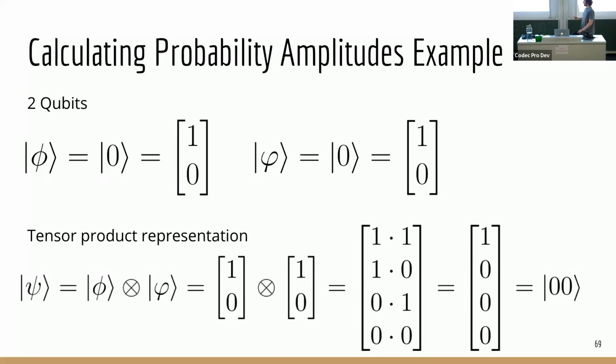In this entry, we take the top entry here and multiply it by the bottom entry here. In this entry, we take the bottom entry here and multiply it by the top entry here. And finally, for this entry here, it's just the bottom times the bottom. And if we evaluate this, we see that we get a 1 in the first entry and 0 everywhere else. And this is just equal to our 0, 0 ket.